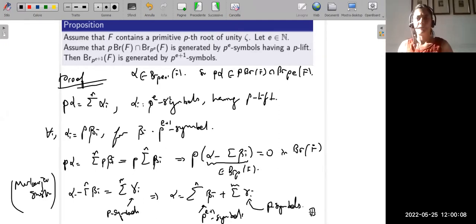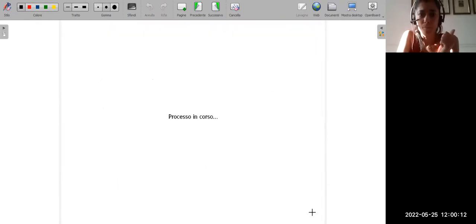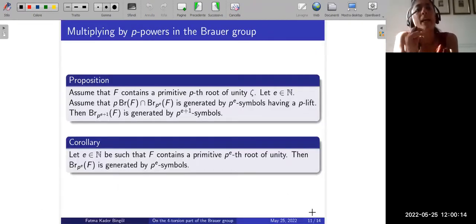Okay, and now we can conclude the following. Let e be an integer and assume that F contains a primitive p to the power e-th root of unity. Then the p to the power e torsion part of the Brauer group is generated by p to the power e symbols. Okay, this is easy to conclude.